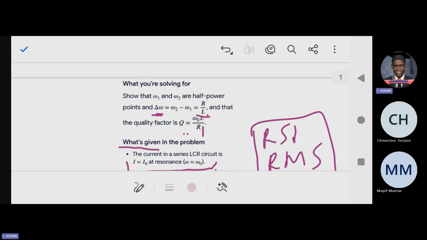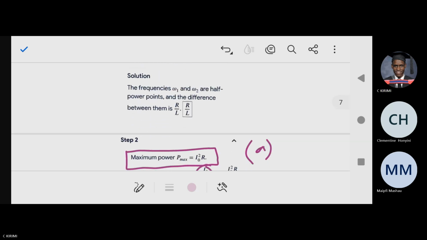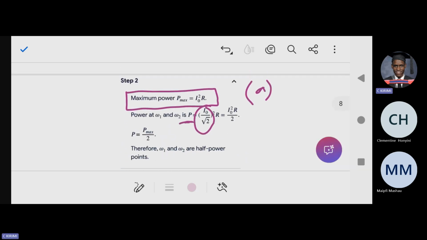For the half power points, it's easy. You are just supposed to have your formula, which you must just know, the formula for maximum power. So the formula of maximum power, you write it down. Maximum power P max is equal to I naught squared multiplied by R, which is the resistance.